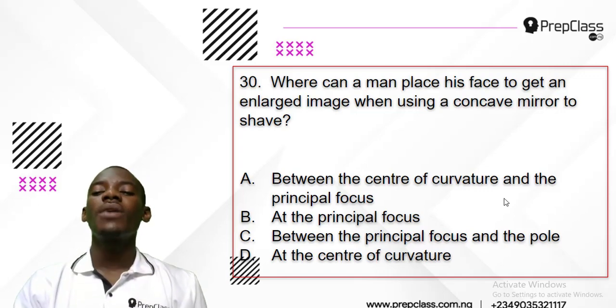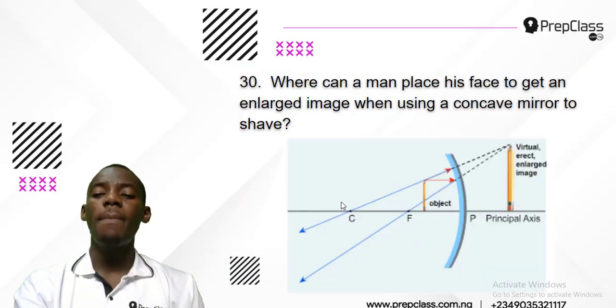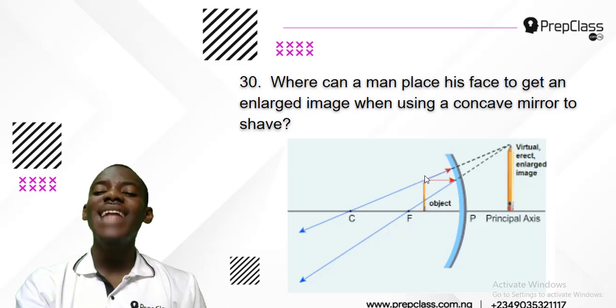If we place the object behind the center of curvature C, it will form a smaller image. But a large image is formed when you place the object in between the focus and the mirror, the concave mirror.